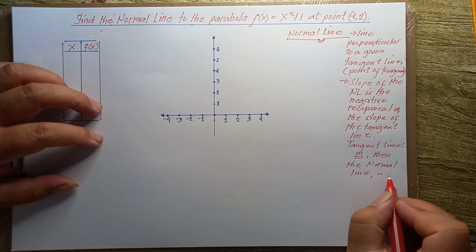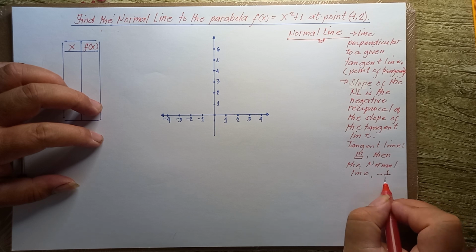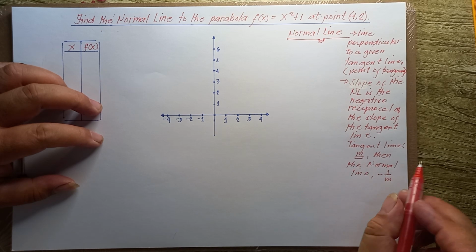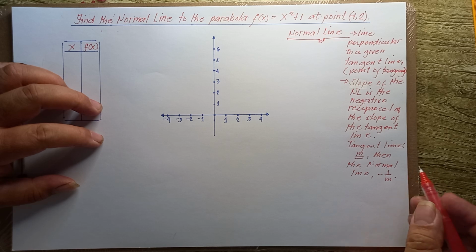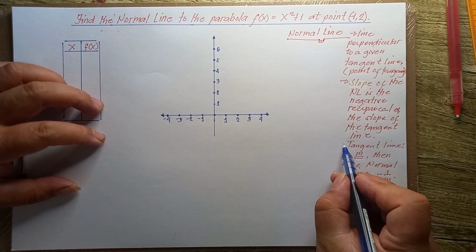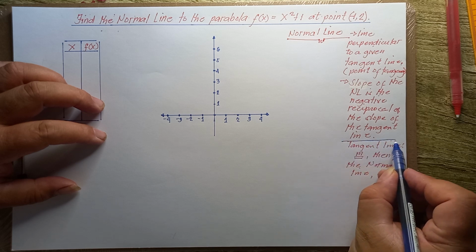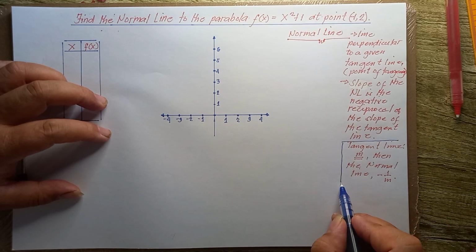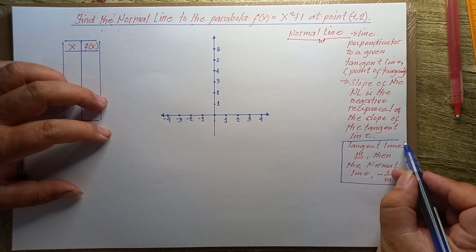That is the negative reciprocal of the slope of the tangent line. This is the idea that we have to remember.